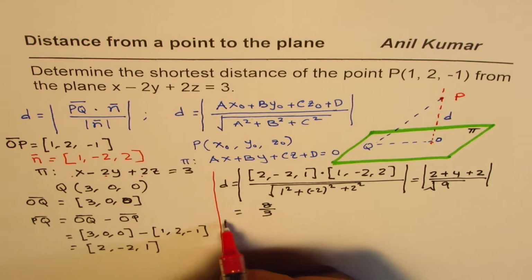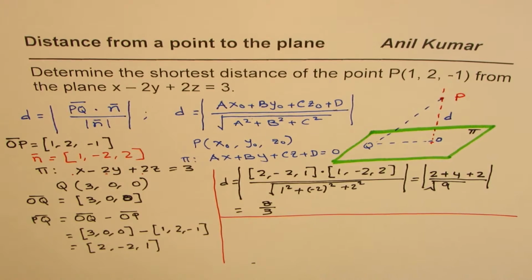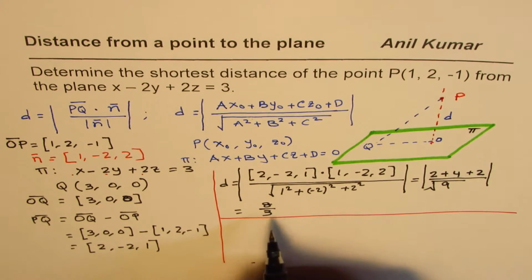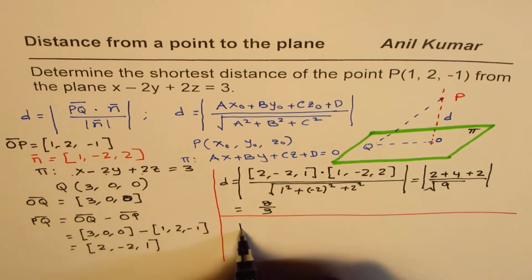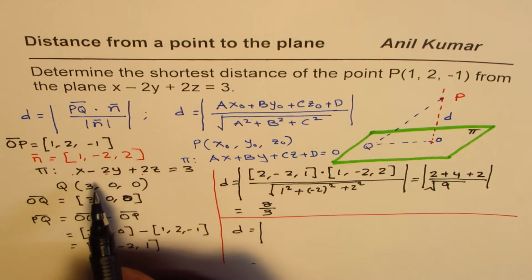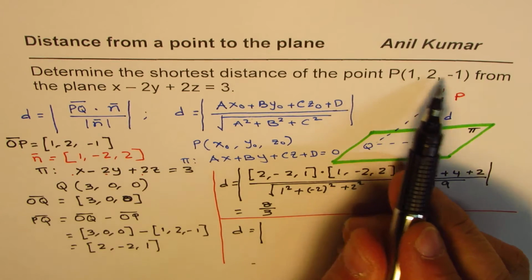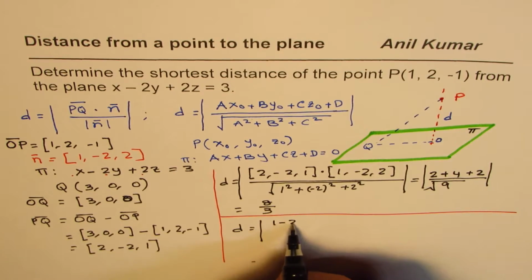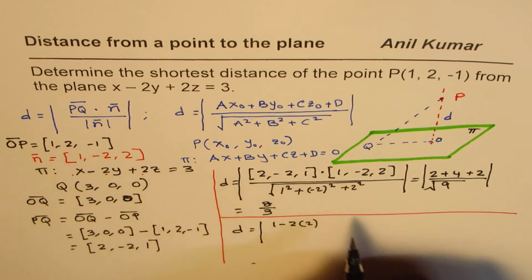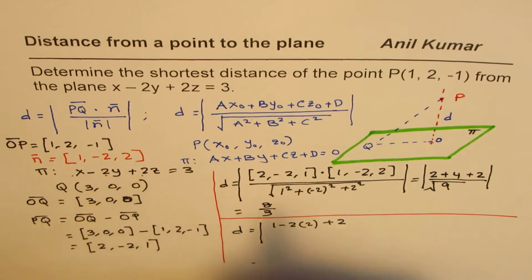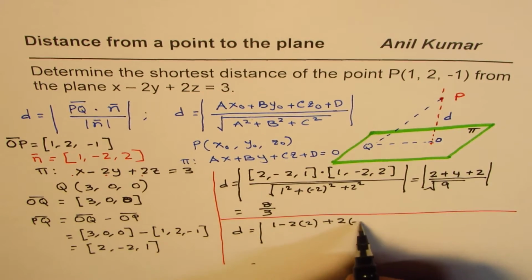Now let's do the alternate way of finding the distance, applying the formula straight away. You found this, that's the right answer, okay? But it takes kind of time, especially when you know this formula. So D equals the absolute value. We'll substitute the given point P, 1, 2, minus 1, in this equation: 1 for x, so we have 1 minus 2 times 2, and then plus 2z, where z is minus 1.